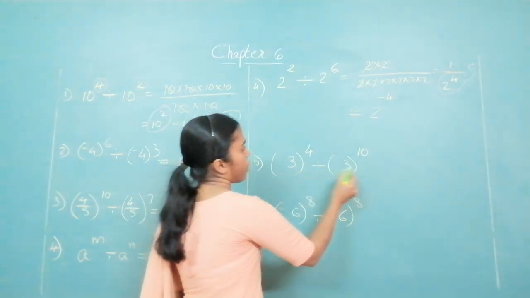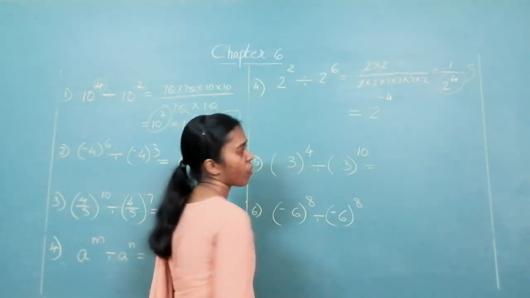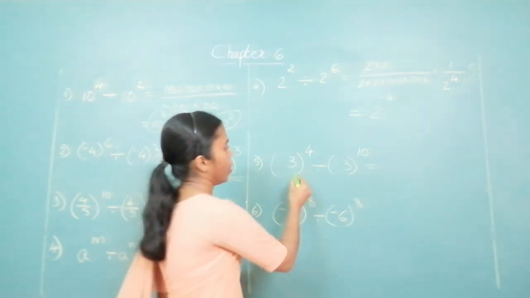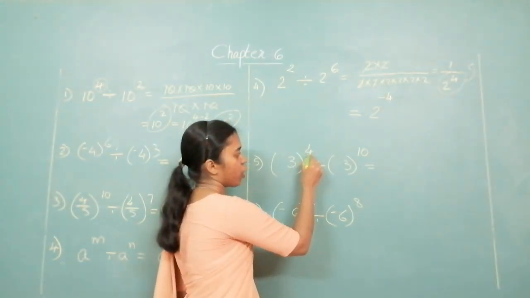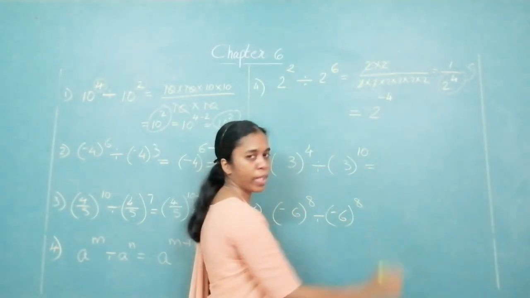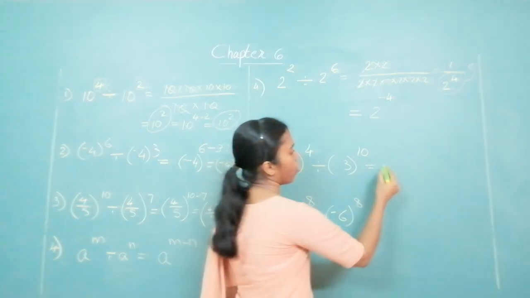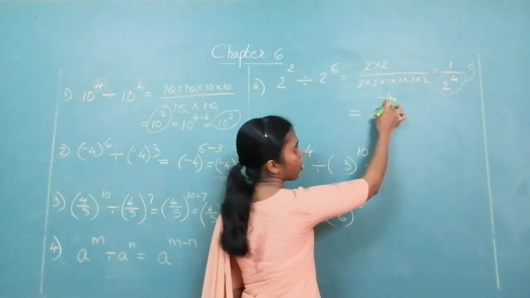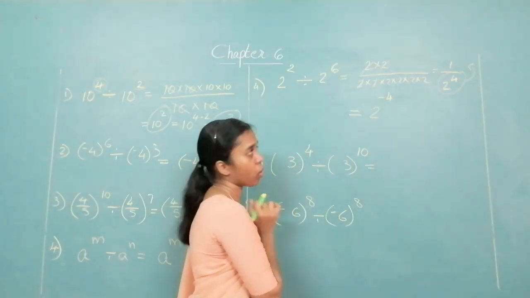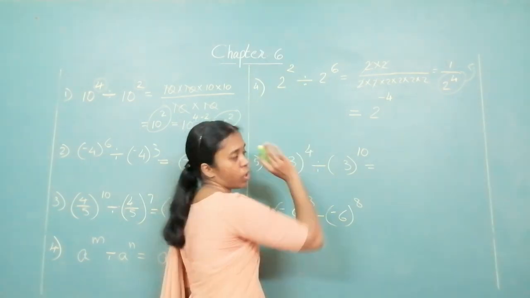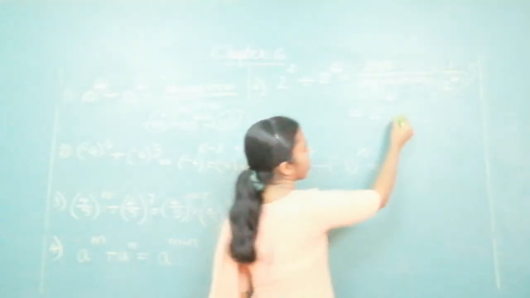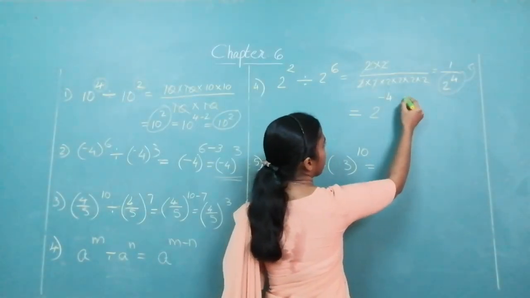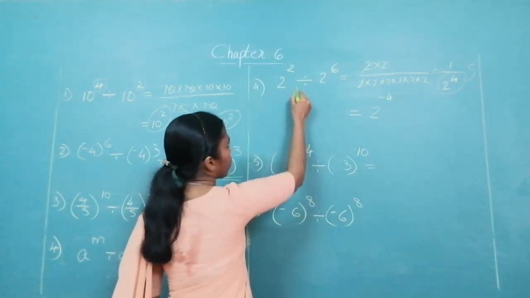Can you tell me what happens over here? 3 raised to 4 divided by 3 raised to 10. What will be the answer? 2 raised to minus 4, that is my answer, I got it. You look over here whether I get it from here. I am writing it over here.